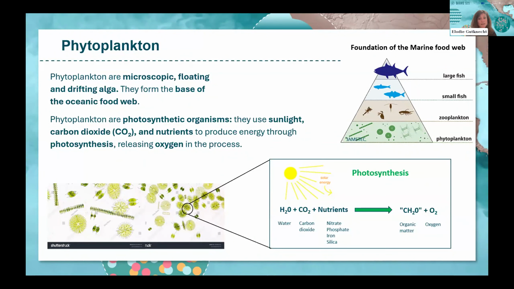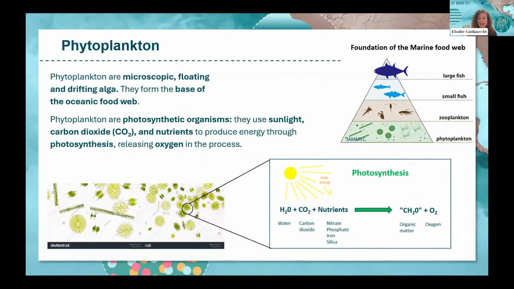And in addition, this process produces oxygen. In fact, they are doing the same job as plants on land. Here, I just have added for you the simplified formula for photosynthesis, but I will not go into the details. I think this should remind you of your science classes some years ago.